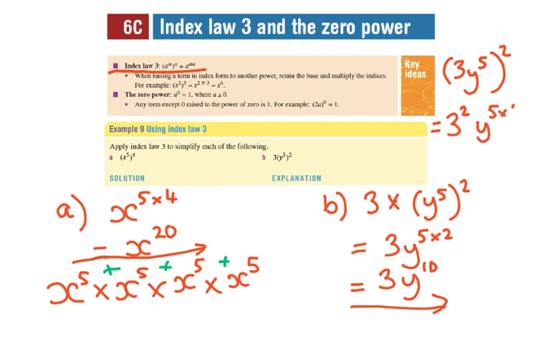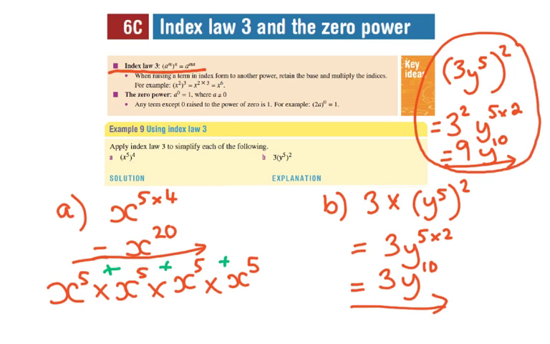Since the y already has the power of 5, we go 5 times 2. The 3 gets a square. 3 squared is 9. So therefore it would be 9y to the power of 10. And that is how that would look different if it was in brackets. So bear that in mind when you're in a test situation as to where the brackets are and whether it's going to be squared or not.